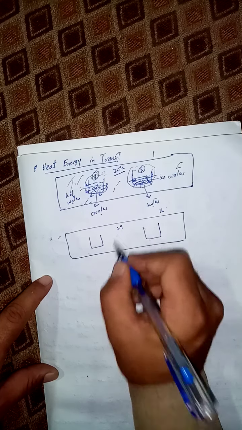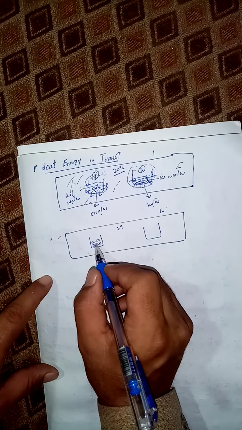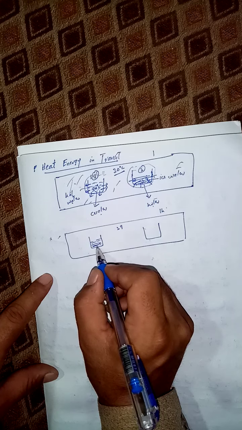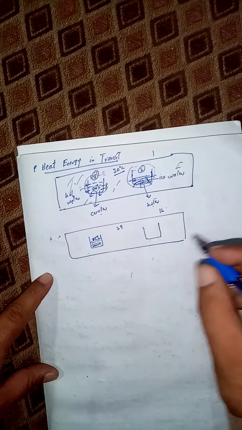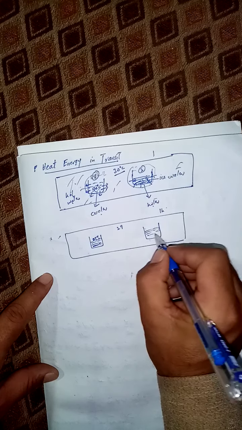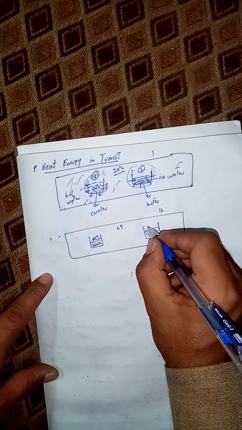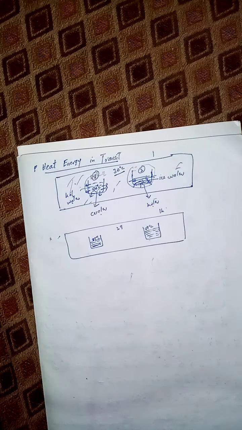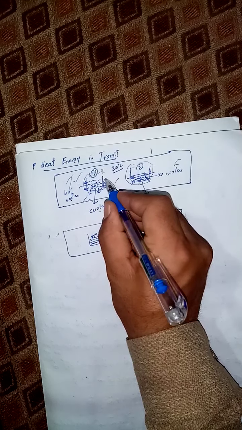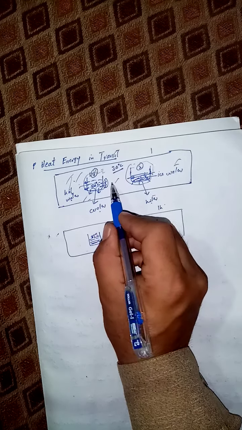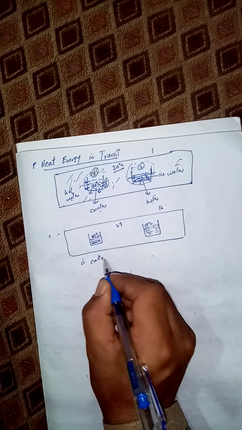Suppose the environment temperature goes to 29 and the system which was initially hotter now becomes equal to 29 degrees C, and the system which initially contained ice water is now converted into liquid water, and its temperature is also 29 degrees C. The thing which goes from system 1 to the environment, or the thing which goes from the environment to the system, is called heat.